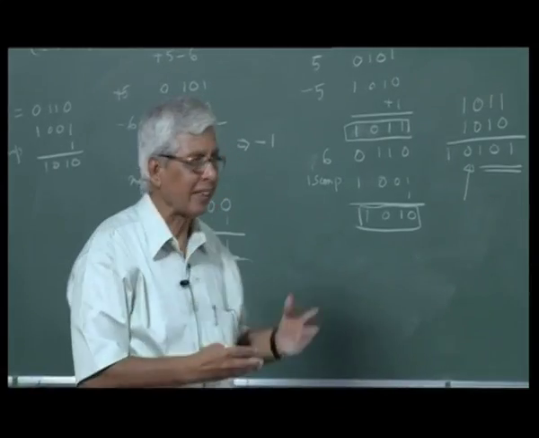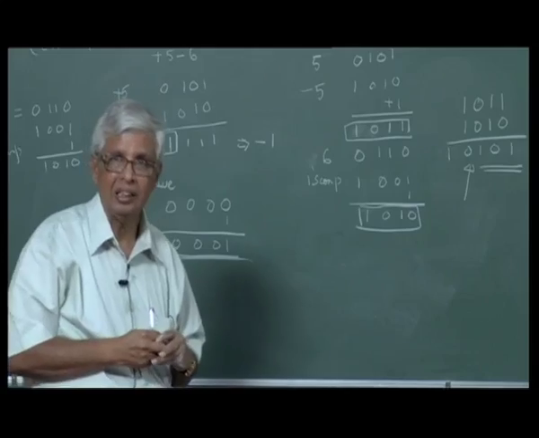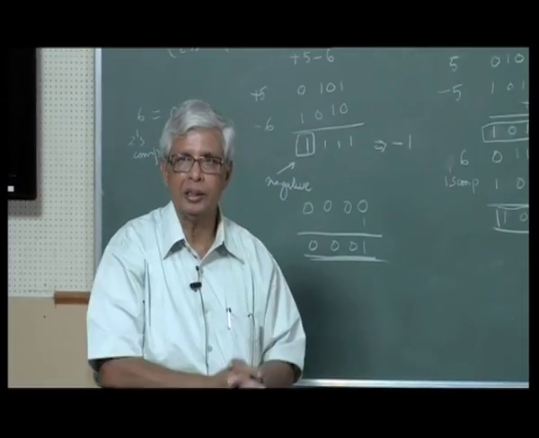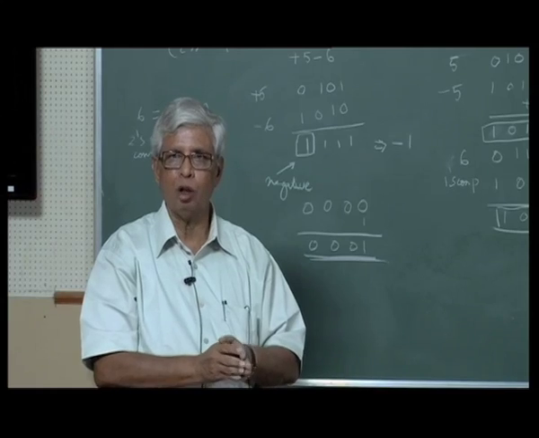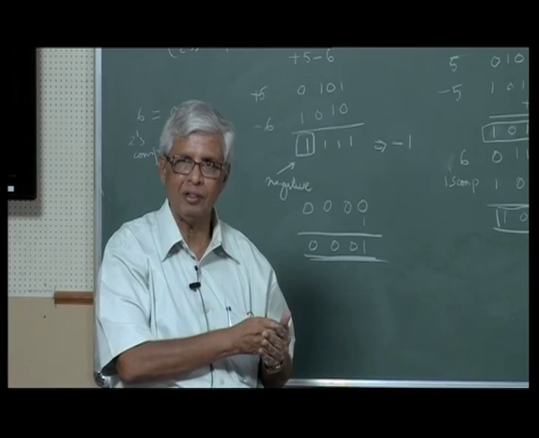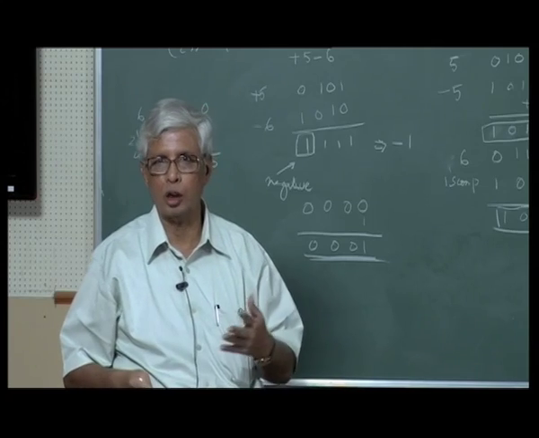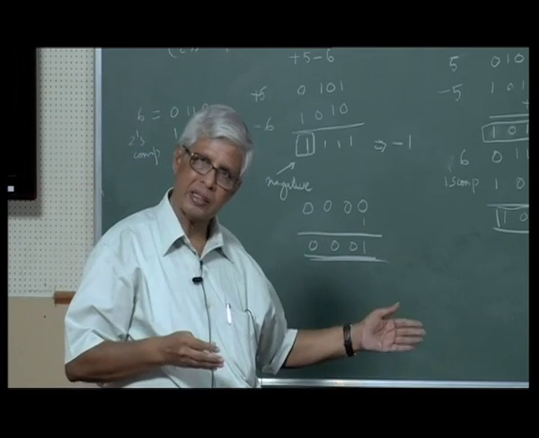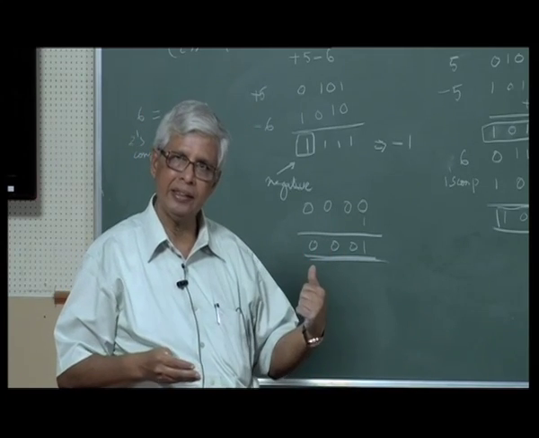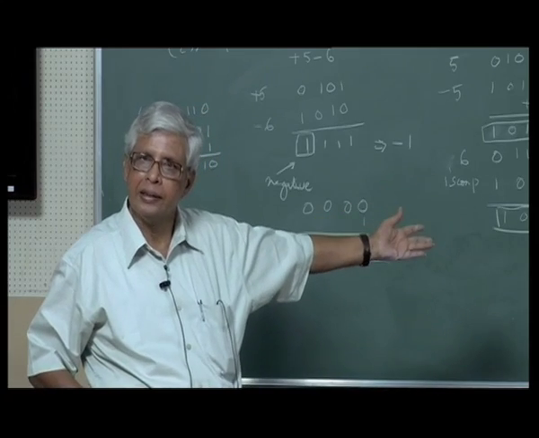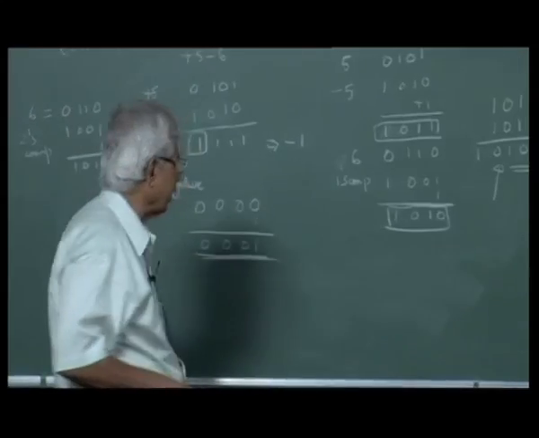Because the answer is minus 11, and we have 4 bits, out of which 1 bit is sign bit. So I can only go from plus 7 to minus 8. It is 2's complement, 3 bits, minus 8 to plus 7. It falls outside the range. This is called an overflow error.